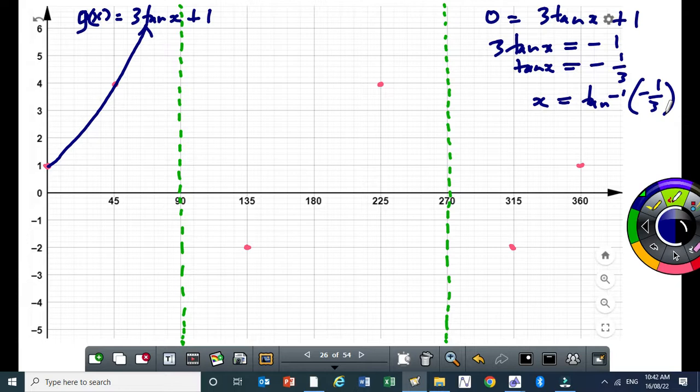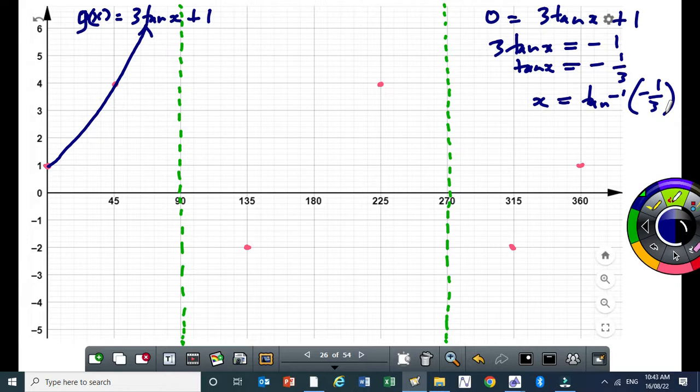So this is 135. That's 180. Between the two, what is half of 45? 22,5, isn't it? So if I add 135 to 22,5, I'm going to get somewhere in the middle here, which means I'll get 157 something.